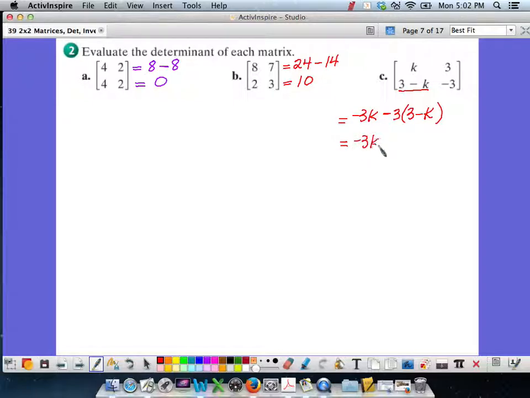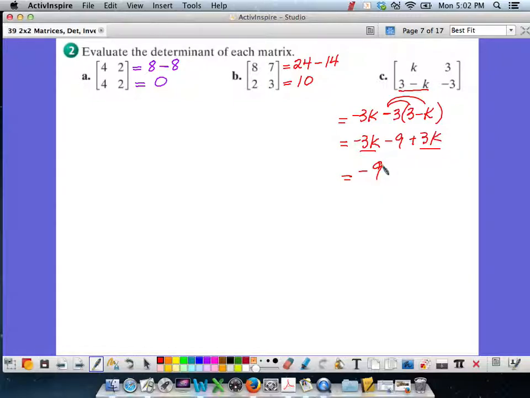We have negative 3K. Distribute negative 3 times 3 is negative 9. Negative times a negative is a positive 3K. And what I see is that the K's are going to cancel out because they're opposites. And so my determinant is negative 9.